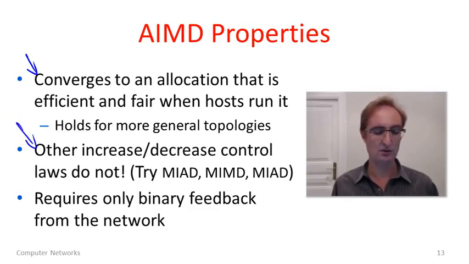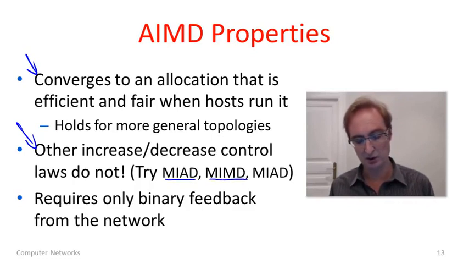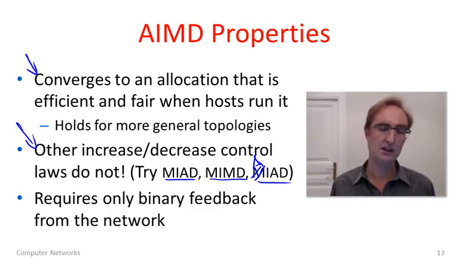It will seem more interesting to you if you actually try on that game some other control rules. If you try multiplicative increase, additive decrease, or any of these other combinations, multiplicative increase, multiplicative decrease, or the other one that's missing that I shouldn't say here, additive increase, additive decrease, then you'll find that none of these other allocations converge to a good operating point.